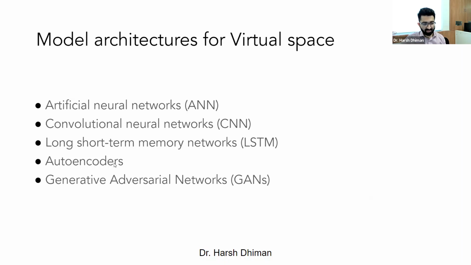Then you have autoencoders, and then you have GANs, generative adversarial networks. These are a special class of deep learning models where you try to identify between real and fake data, right? We use a fake data generator model, and we use a discriminator model, which distinguishes whether the data is real or fake.